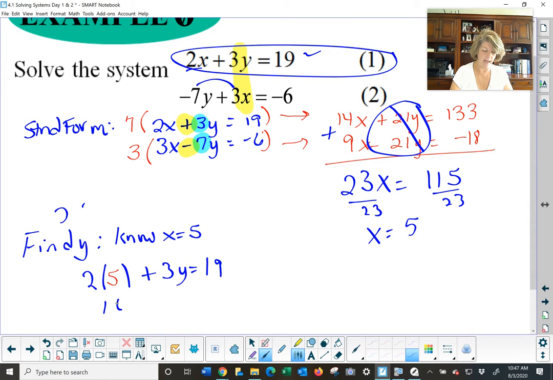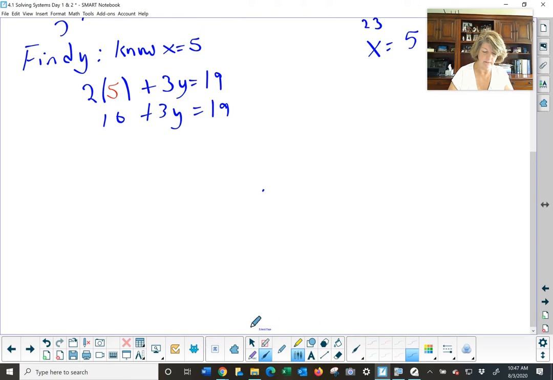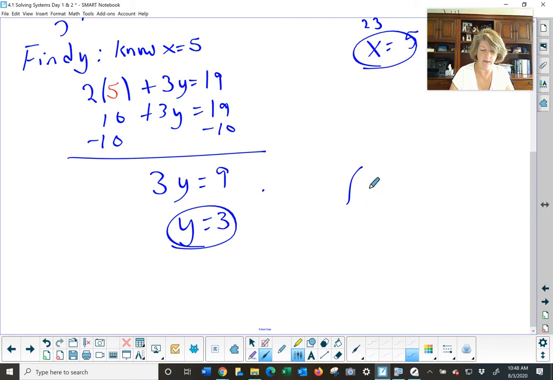Well, that makes 10 plus 3y equals 19. Subtract 10. 3y equals 9. Therefore, y is 3. Join our two solutions, and we have the ordered pair 5, 3.